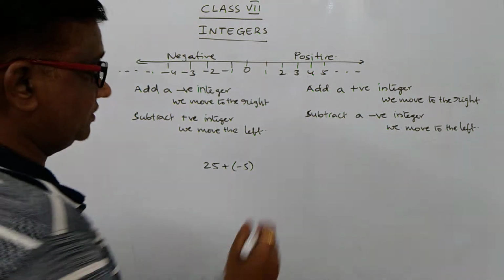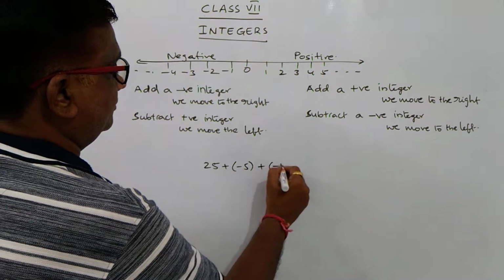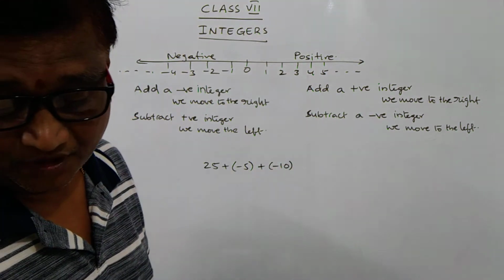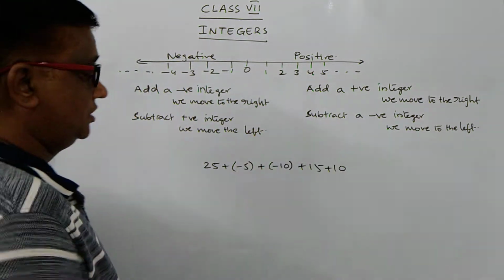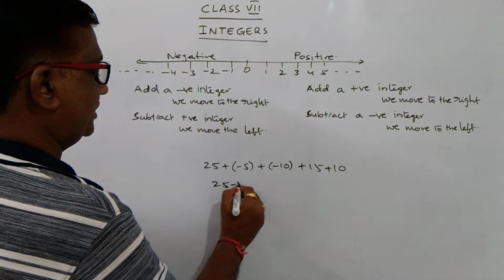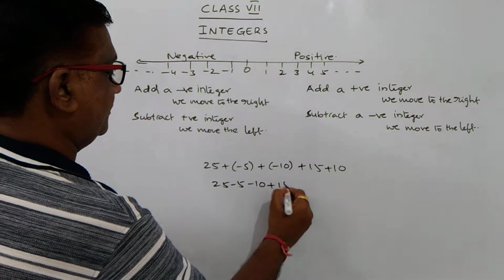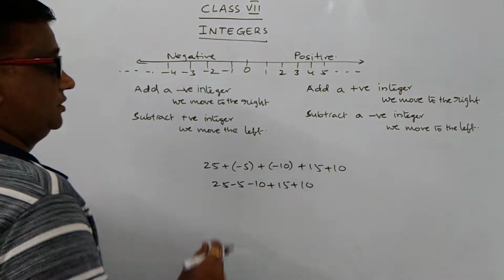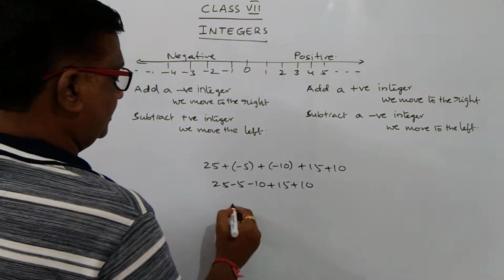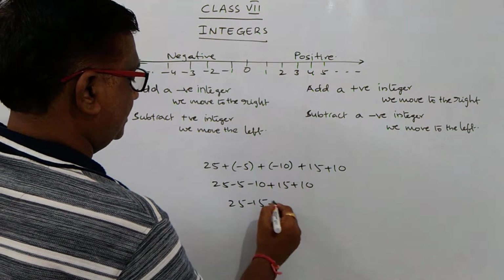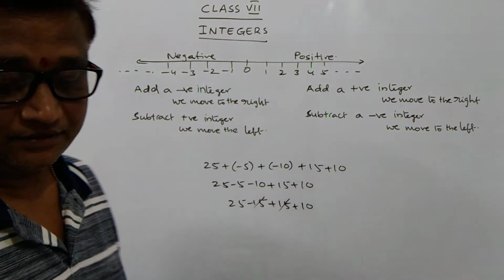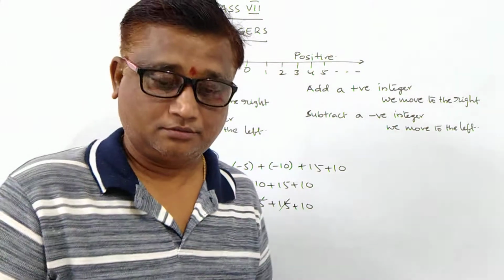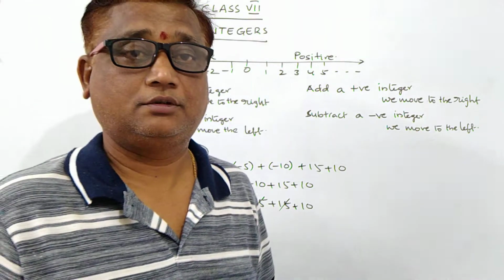So 25 minus 5 minus 10 plus 15 plus 10. Two negatives are there, add them: 25 minus 15 plus 15 plus 10. The 15s cancel, you get 35. This is the question we are going to solve.